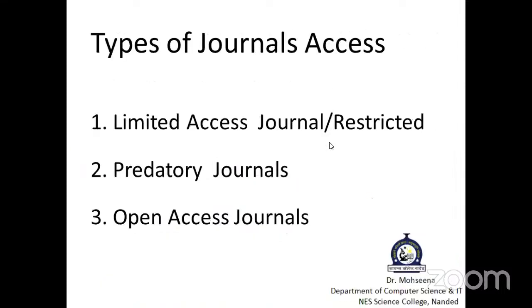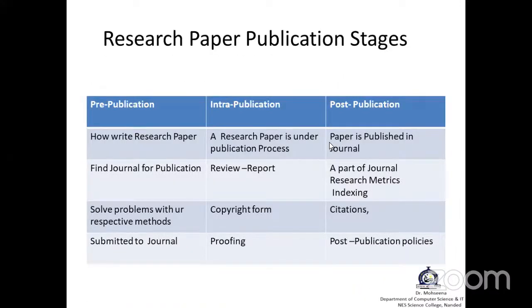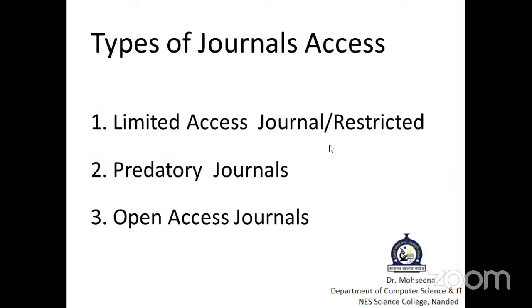Okay, the types of journals. Now we are talking about the paper you are publishing. When you are publishing your paper, we should know what types of journals are available. For that reason, we have 3 types of journals available to us. First one is the traditional one, called a limited access journal or restricted one.